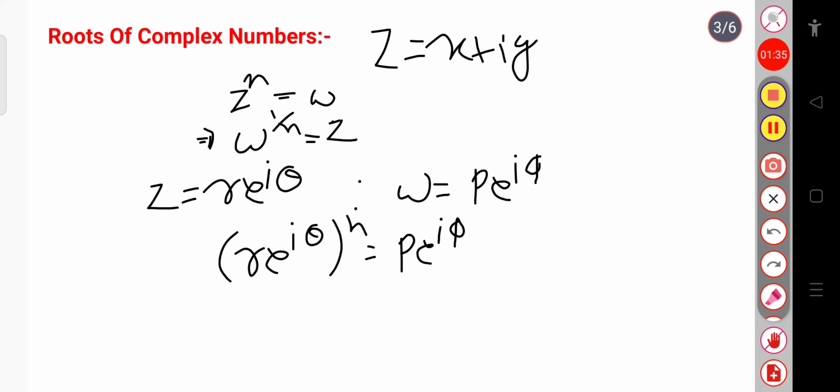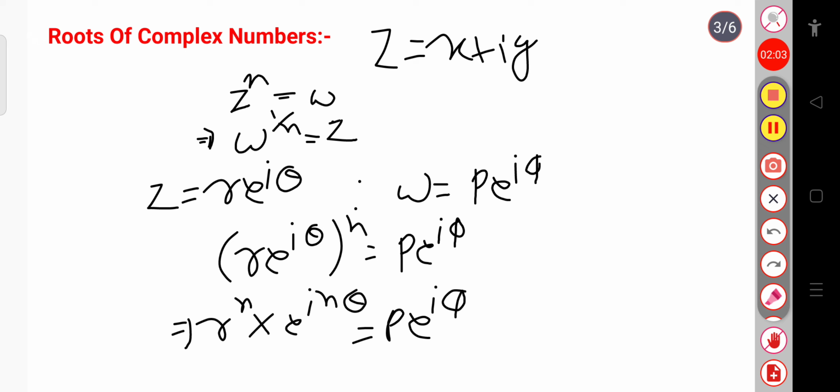So in place of z I am writing r exponential I theta, and this is the power n, that will be equal to w, that is p exponential iota phi. Hence this will be r power n into exponential I n theta, equal to p exponential I phi.